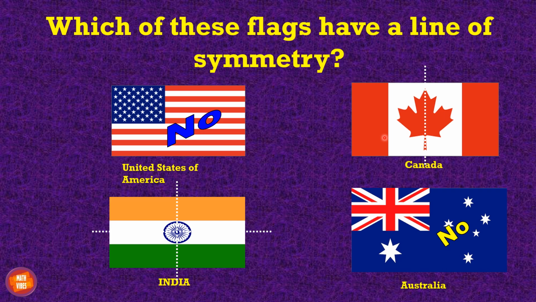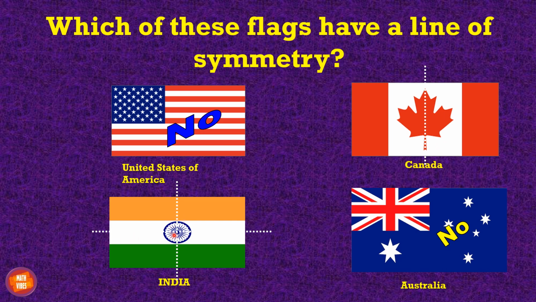Like the shape of the Canadian flag was a rectangle and the Indian flag was also a rectangle. But in this design of Canada, we have a maple leaf. So we want a line of symmetry in which the design should match exactly. And over here, there is only one line of symmetry, because that is the only way the design will match.